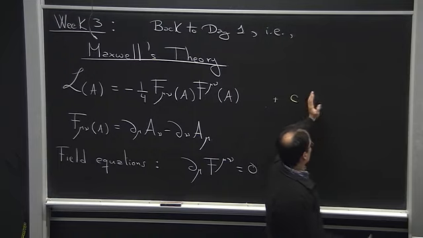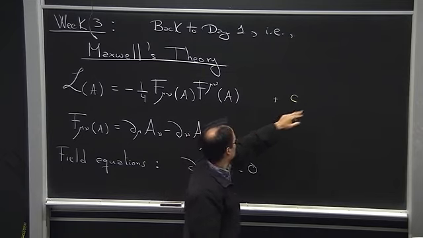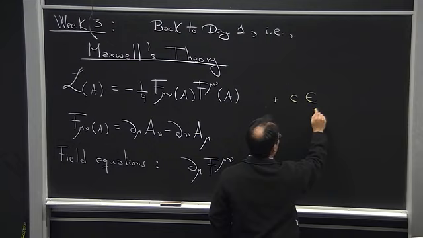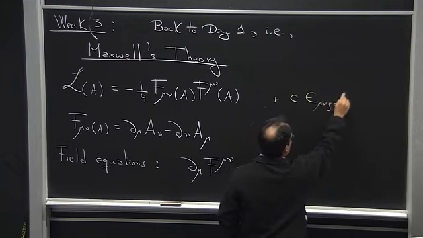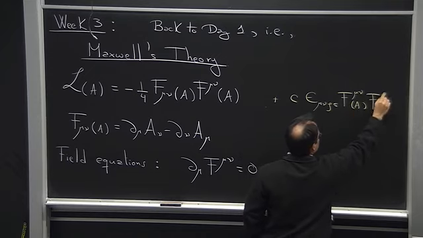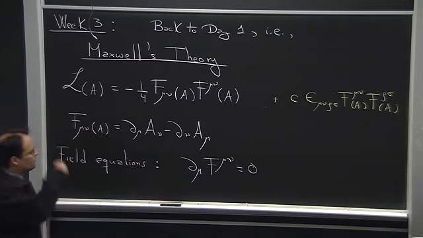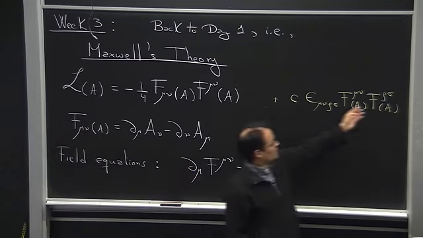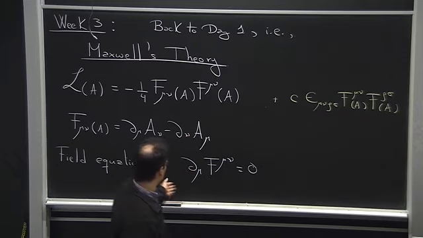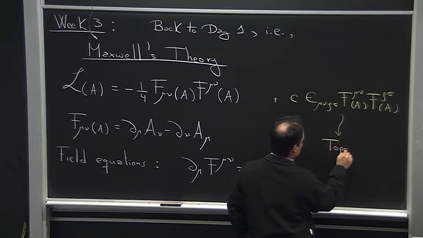So you found what this was in terms of A, but it turns out that you can actually write it in terms of F, and it's something that looks like this. Terms that you can add that have this form, which do not affect the field equations, are called topological.